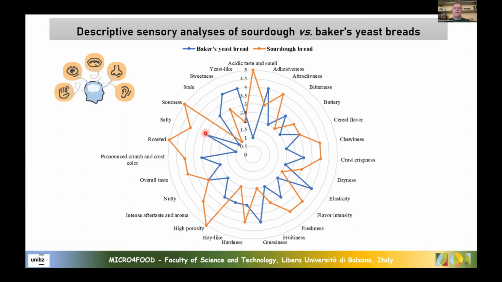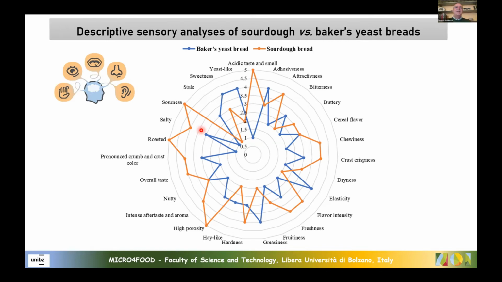A typical sensory analysis describes the products fermented with sourdough as acidic, with high activeness, with crust fruitiness, with flavor intensity, with freshness, with high porosity regarding especially the crumb, roasted sourness, and so on. There are a number of descriptors that can be found to qualify the activity and the fermentation by the sourdough.